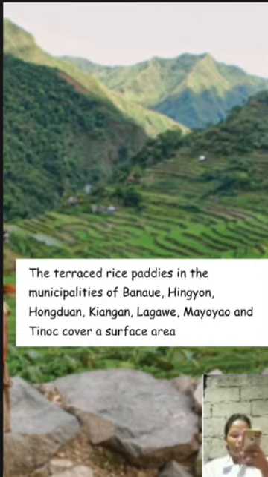The terraced rice paddies in the municipalities of Banaue, Hingyon, Hungduan, Kiangan, Lagawe, Mayoyao, and Tinoc cover a large surface area.